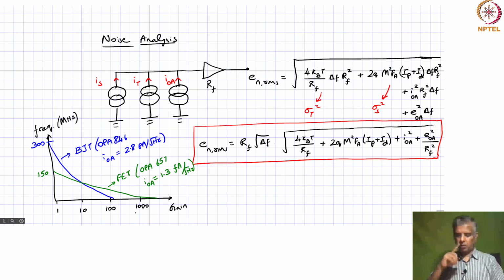So clearly a FET type op amp is going to have much lower noise current density compared to a BJT op amp. BJT is able to possibly give you better frequency response, but when it comes to the noise performance, a FET amplifier is much better.